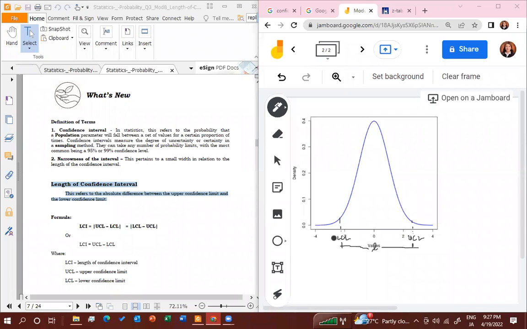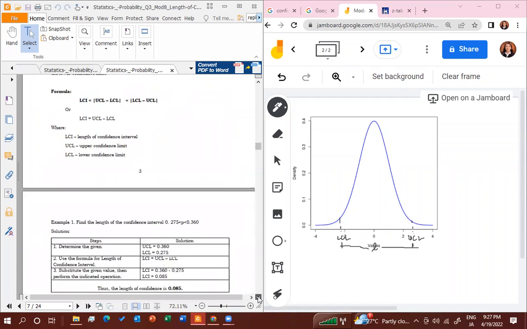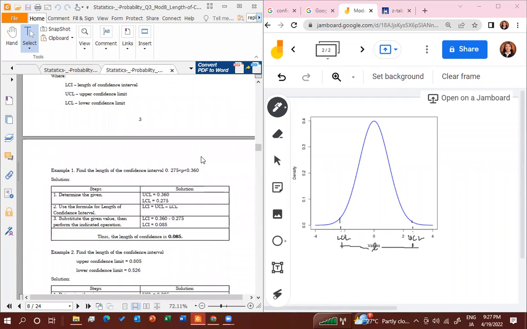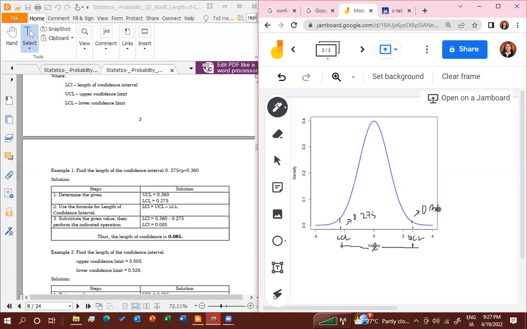Okay. So how will that look if we were given this one? These are just examples. If you are given this, the solution is there already, so I don't need to write it. The lower confidence limit is 0.275, and the upper confidence limit is 0.36.